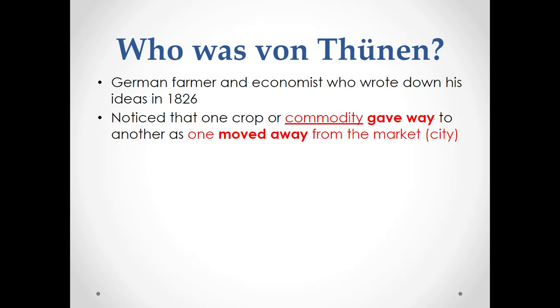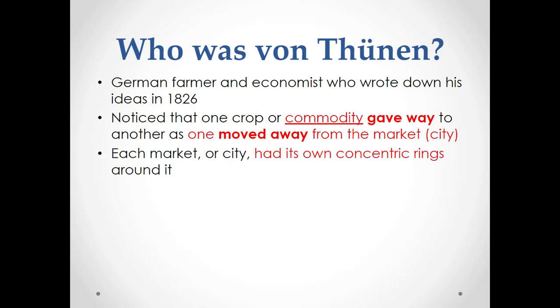So he notices that one crop, also known as a commodity, gives way to another as one moves away from the market, and in parentheses, you see city. In this idea, market and city are going to be kind of interchangeable terms. Each market or city has its own concentric rings around it.